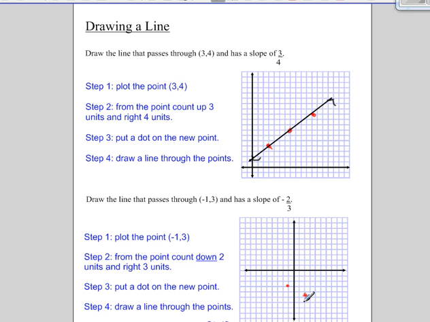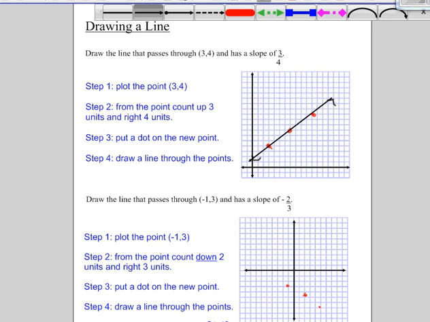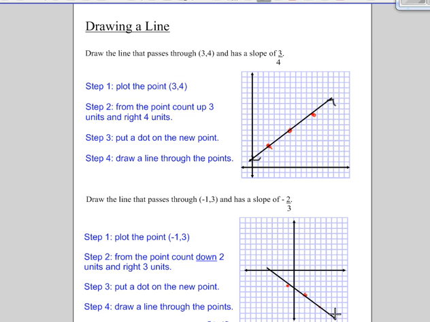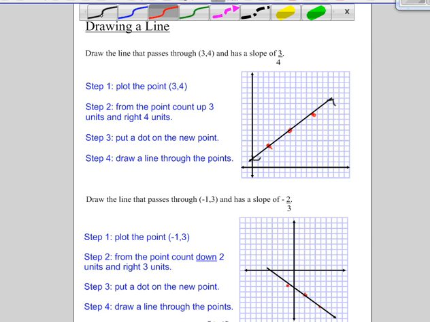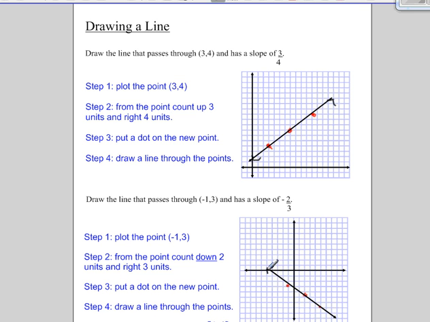And again, I can keep doing that. And I'm going to get my ruler and I'm going to draw my line. And again, don't forget to put arrows on the ends of your line. And that is how you can draw lines when you're given a point and a slope.